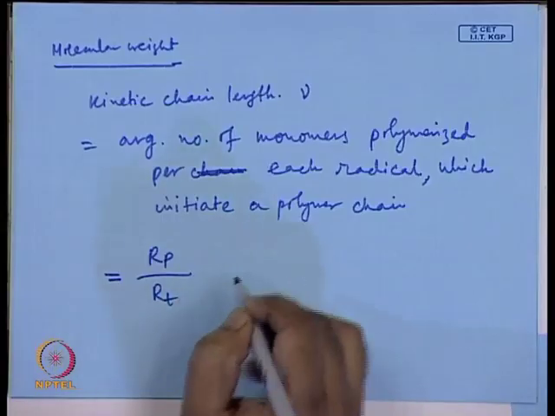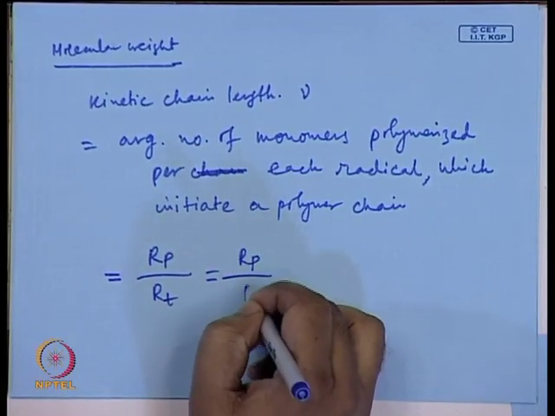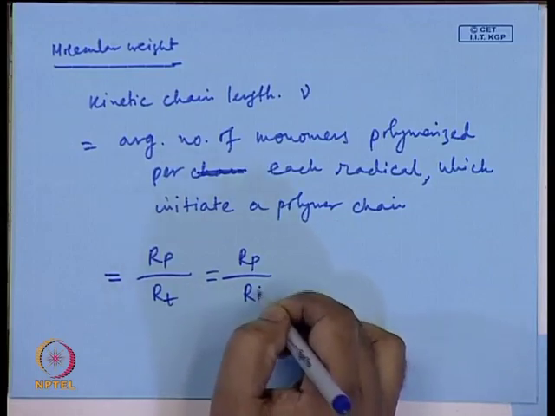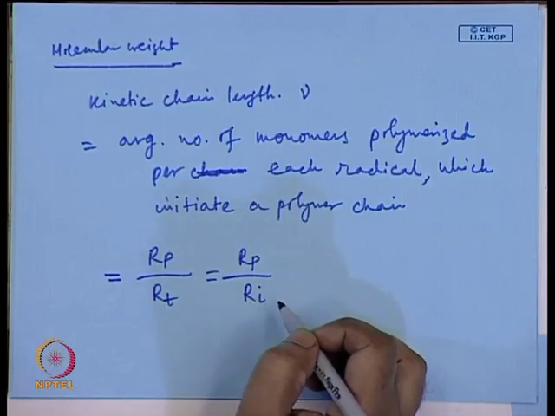So, this is the average number of monomers polymerized per radical which initiates a polymer chain. How can you write it in simple terms? It is the rate of polymerization divided by the rate of termination, or under the steady state assumption it is the same as the rate of initiation.